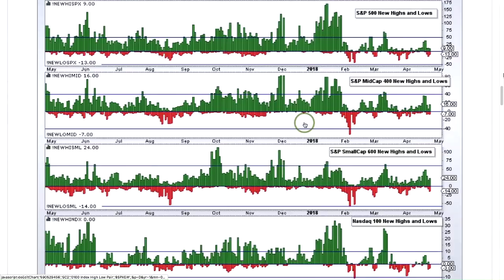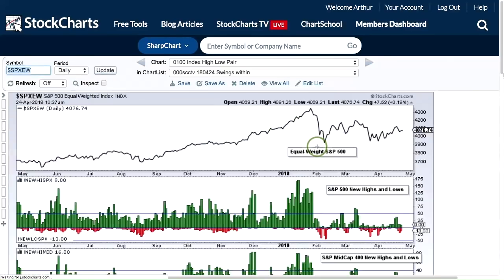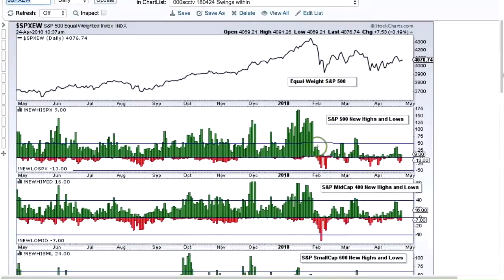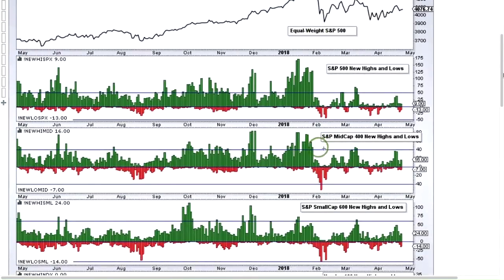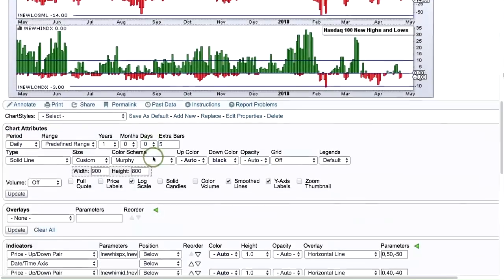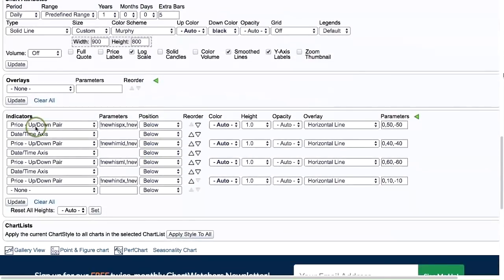And I'm just going to go ahead and click on this chart so you can see it. And I'm going to show you the settings down below if you want to recreate it for yourself. There you can see the indicators: !NEWHIGH.SPX, !NEWLOW.SPX. And then to create that, you would do a price up-down pair as an indicator here.